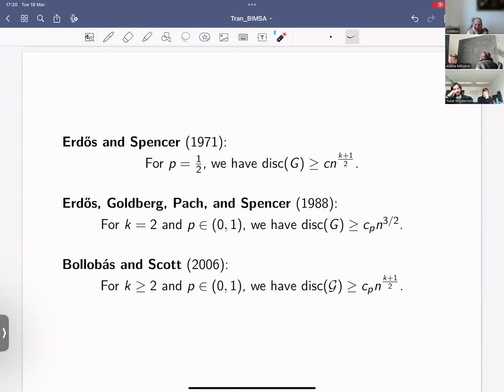They proved that if G is a graph with density p, then the discrepancy of G is bounded from below by roughly n to the 3/2. Here the density p is a constant. This works even for smaller p, but for this talk I will only focus on hypergraphs or graphs of constant density.